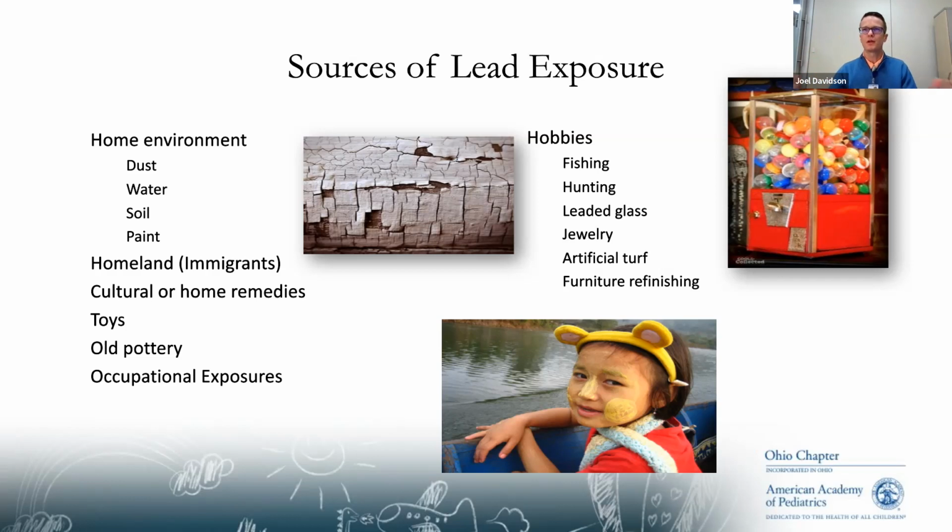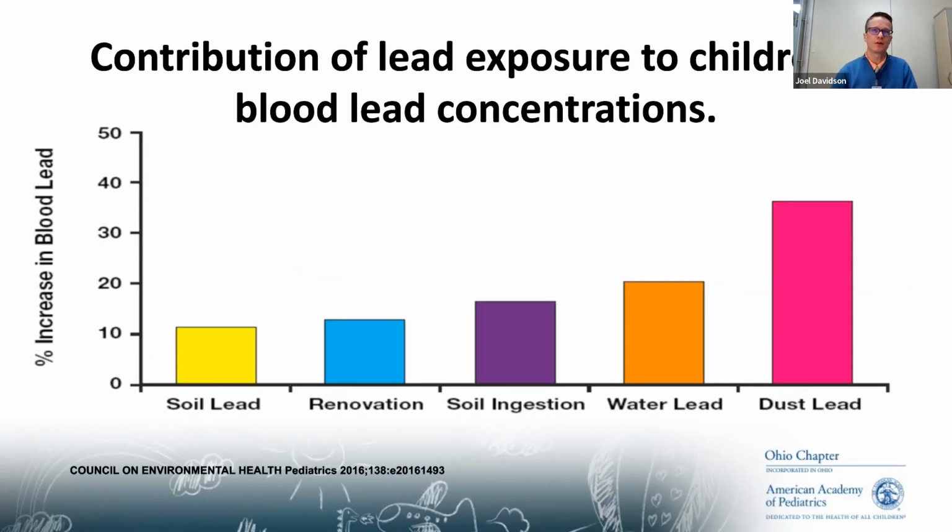Kids at younger ages, less than 6, are at risk for the sources of lead because of the way that they move around houses and the way that they do a lot of hand to mouth behavior. So if you look at this 2006 article, where are we seeing the most exposure and the biggest increase in lead levels as it relates to children? The biggest is dust.